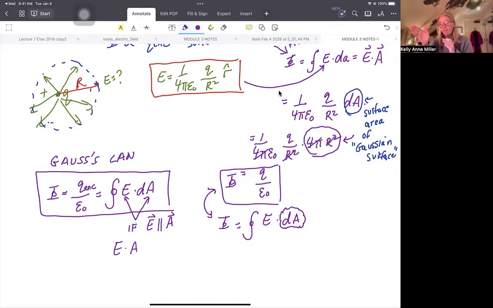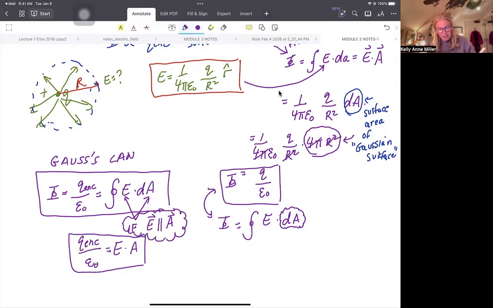So if the electric field is pointing in the same direction or opposite directions, but parallel to the area vector of the Gaussian surface that you draw, then you don't even have to do the surface integral. It's just the electric field times the area. So Gauss's law simplifies down to this, assuming this condition, the electric field and the area vector being parallel.